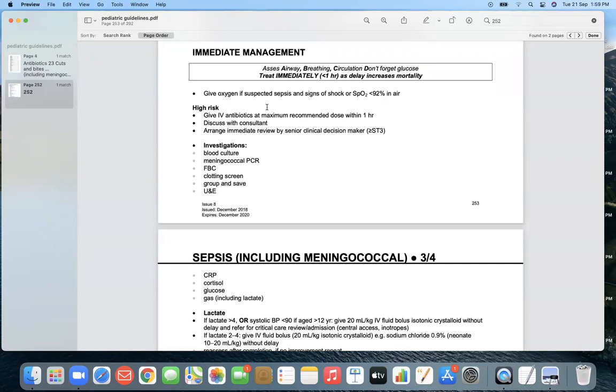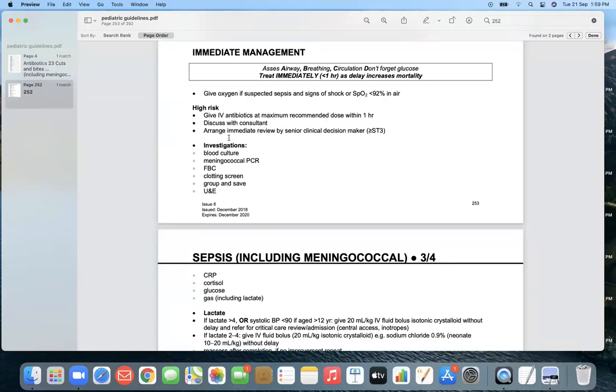Give oxygen if suspected sepsis, signs of shock, or SpO2 less than 92% in air. So sepsis, signs of shock, and SpO2 less than 92%, you will start oxygen. High risk, give IV antibiotics at maximum recommended dose within 1 hour.